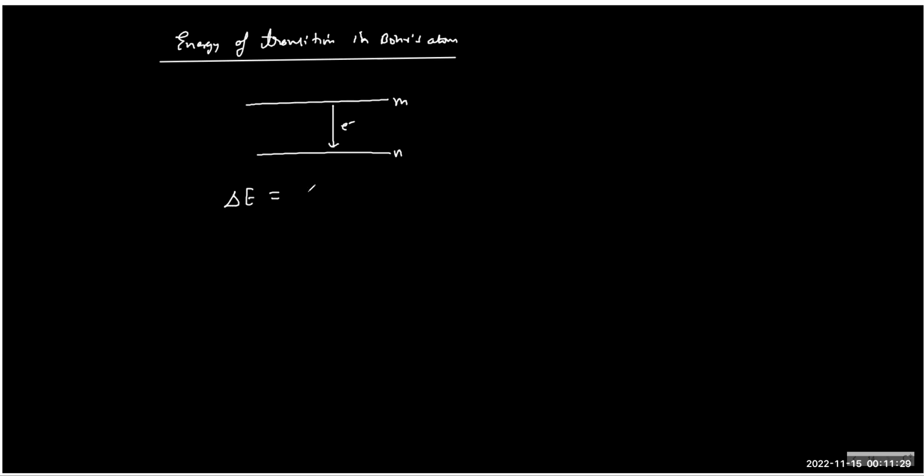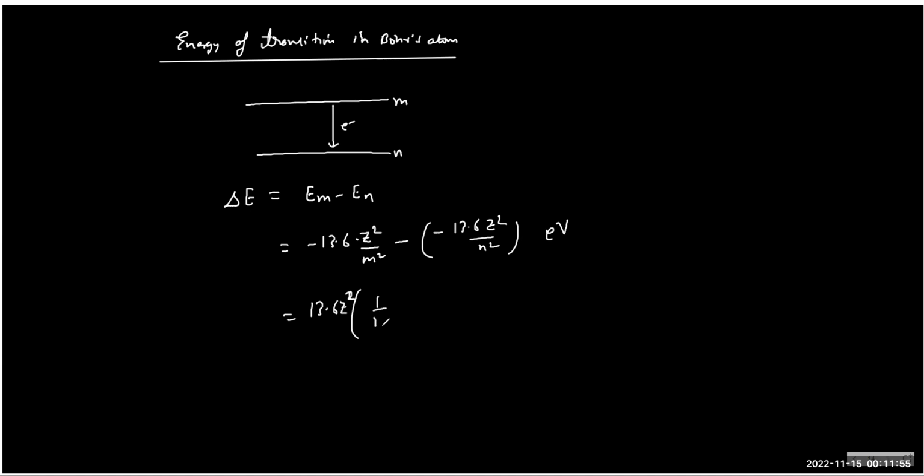Delta E will be energy of m minus energy of n. And energy of m is how much? Minus 13.6 Z square by m square. So you get the answer 13.6 Z square into (1 by n square minus 1 by m square).